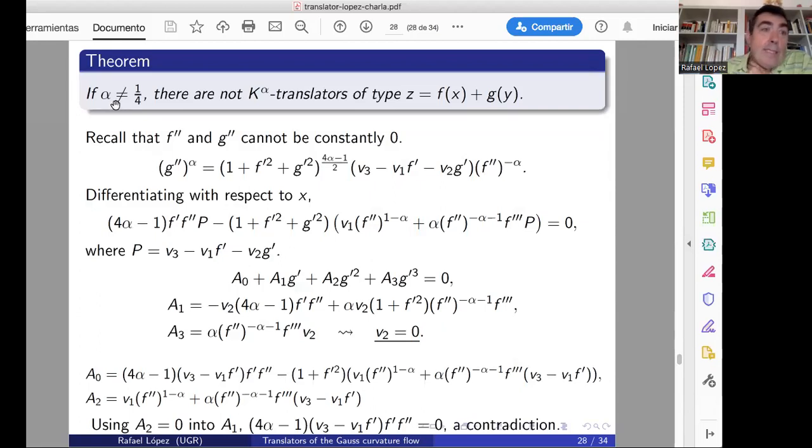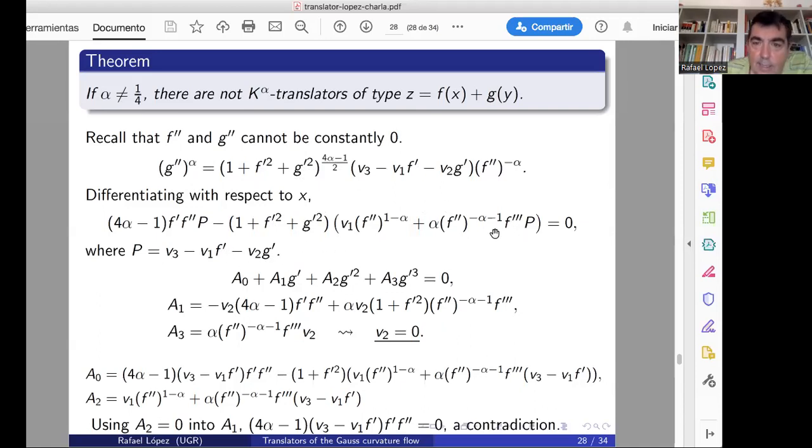When alpha is not 1/4, our result says that there are no examples. Why? Because if you put the equation of the translator, this is the equation. Then I do differentiation with respect to x, with respect to y, etc. With respect to x, this is the equation, P depends on f and g.